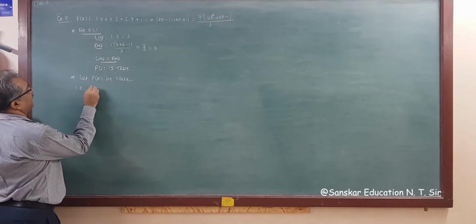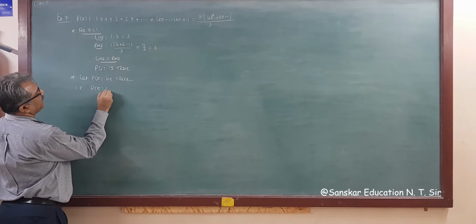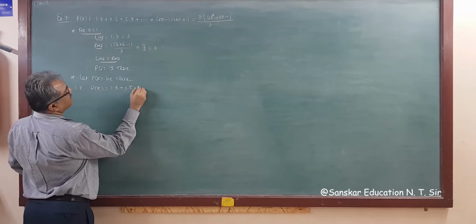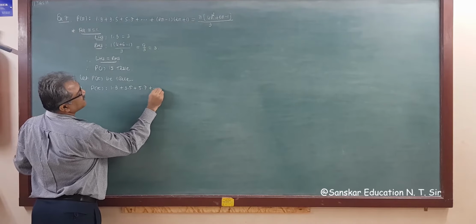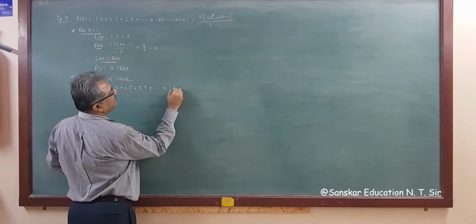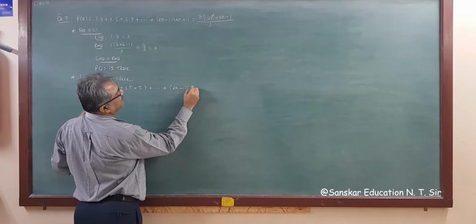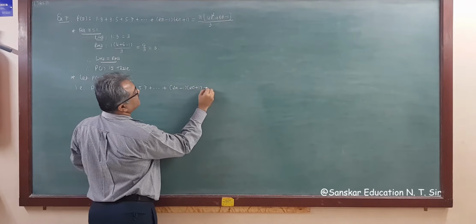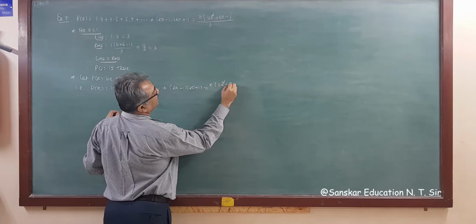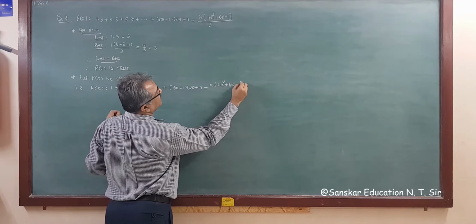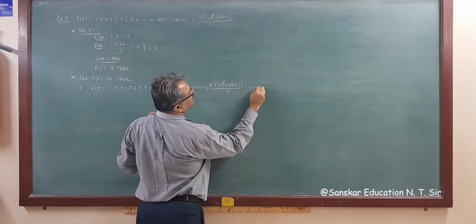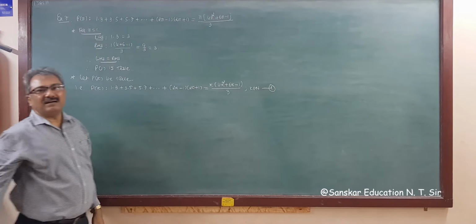So this becomes Pk: 1 into 3 plus 3 into 5 plus 5 into 7 plus dot dot, replacing n by k, that is (2k minus 1)(2k plus 1) is equal to k(4k square plus 6k minus 1) divided by 3, and k belongs to N. This is result number 1.